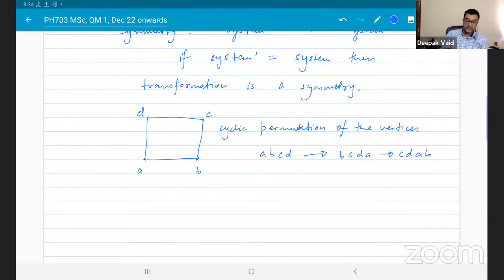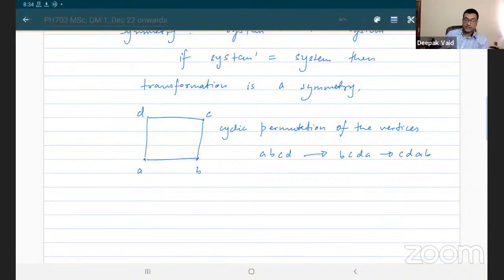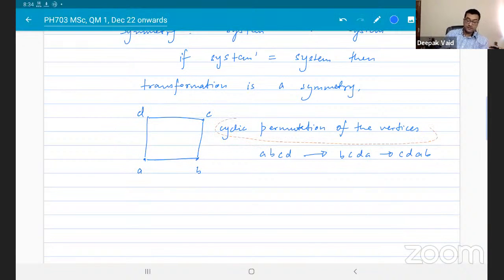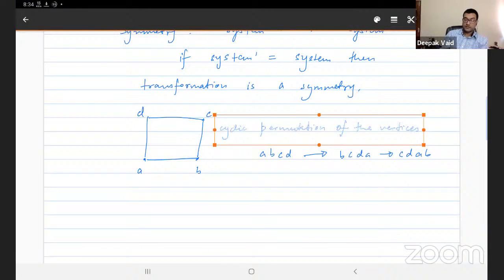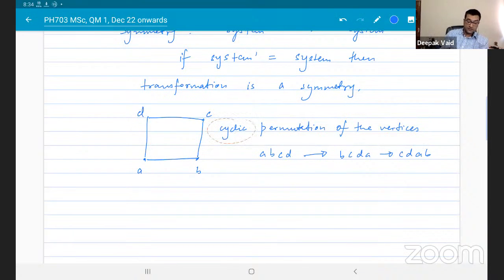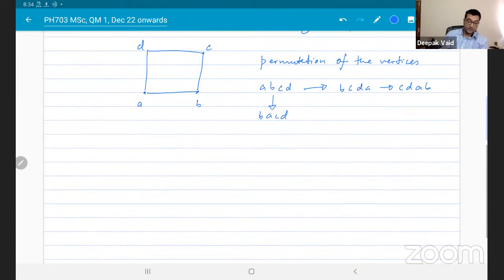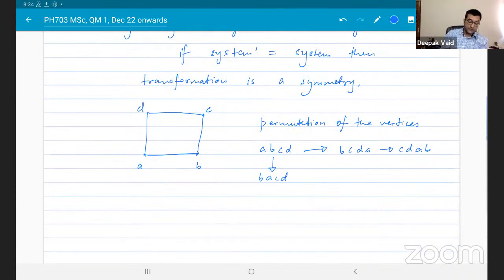It is just labeled differently. So we say that the square is invariant under these cyclic permutations of the vertices. It will be invariant under arbitrary permutations actually. So you can also have permutations such as B, A, C, D, where you switch any two of the vertices like this. So this is one thing.